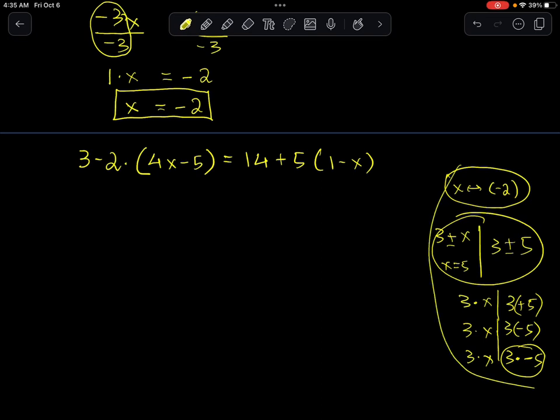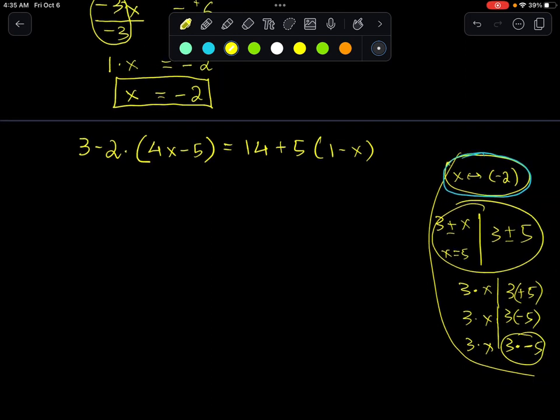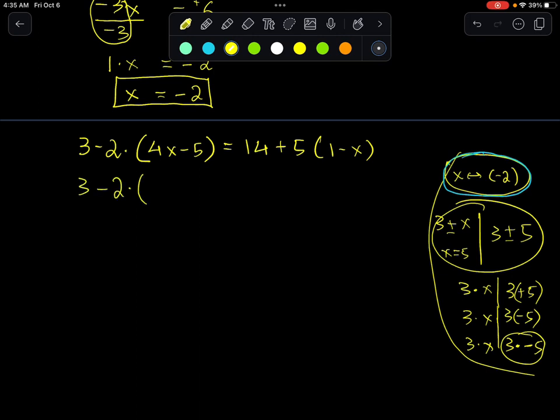Let's just apply, and what we need to remember is that x will be replaced by parenthesis -2, and everything else drops. Okay, so let's do that. Now 3 is going to drop, minus drops, 2 drops, times drops, parenthesis drops.